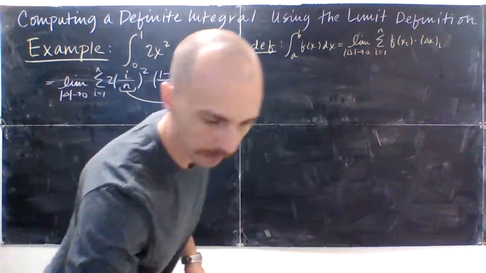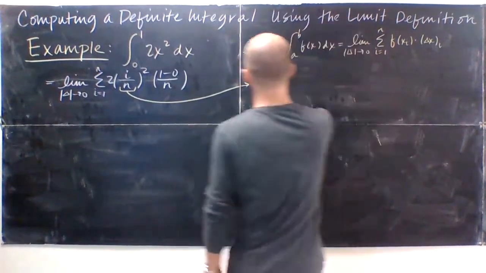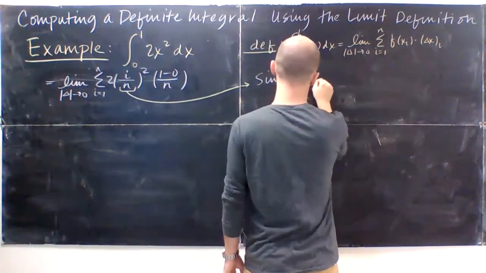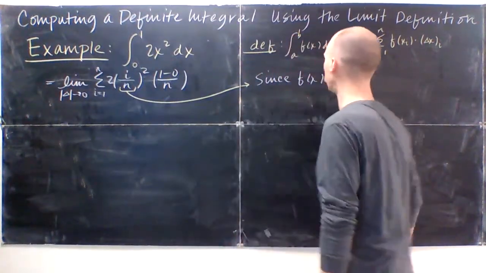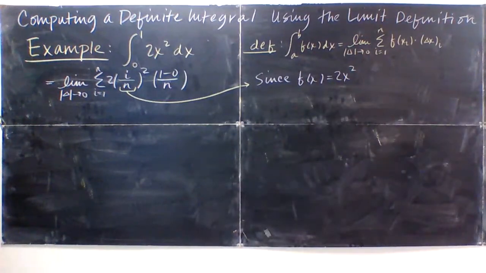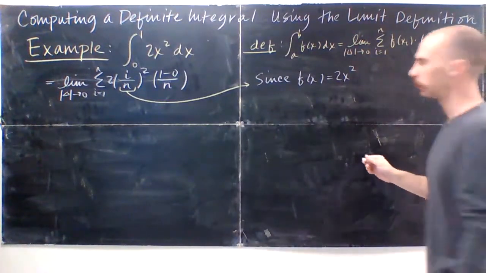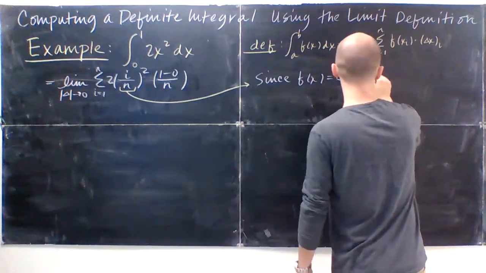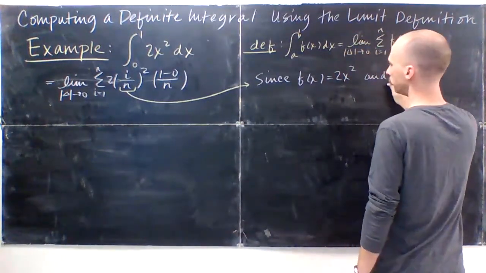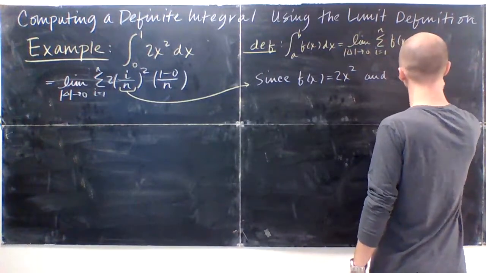I'm going to write in, since f of x equals 2x squared, and our integral starts at 0, I'll say a equals 0.